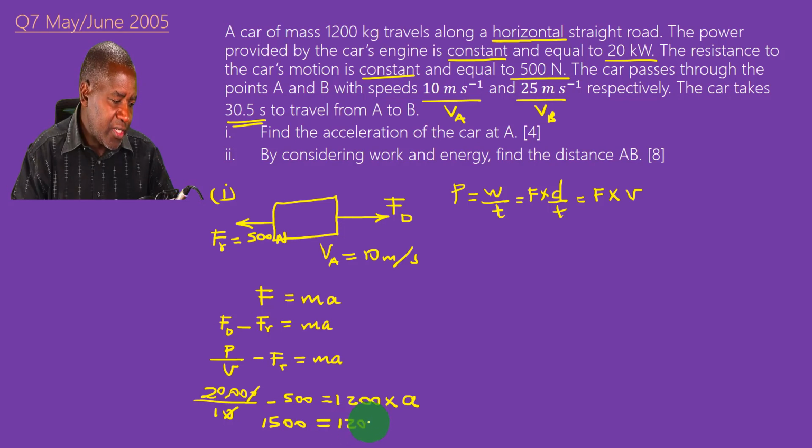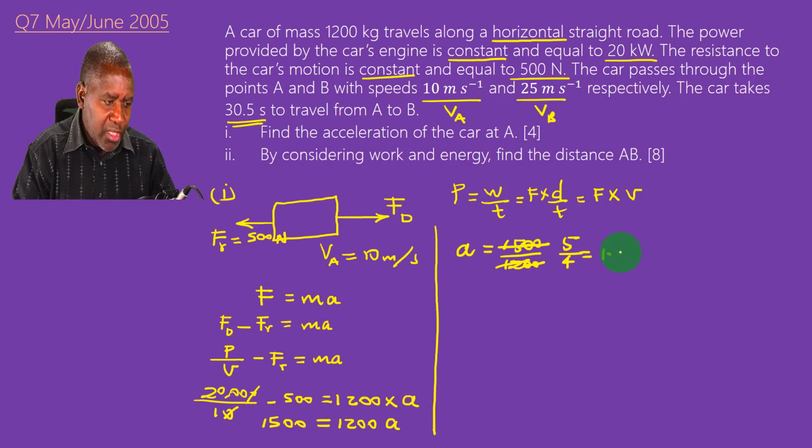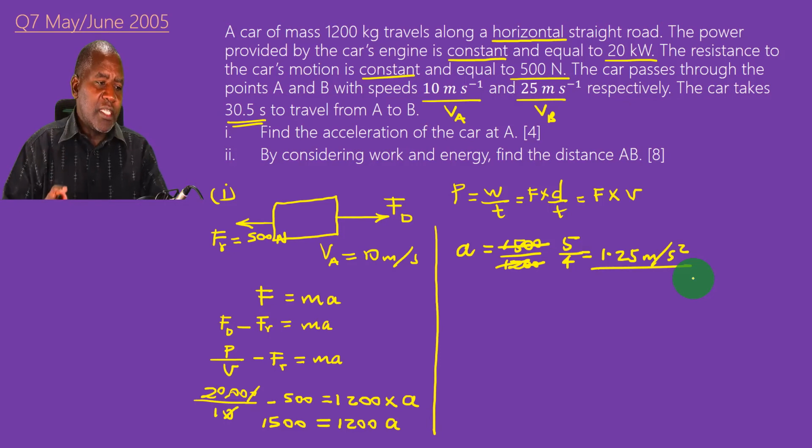This is 1200 A. And A is 1500 divided by 1200. What does that give me? By 3, 5, by 3, 4. And this, I think, is 1.25 meters per second per second. That is the acceleration the object has at point A.